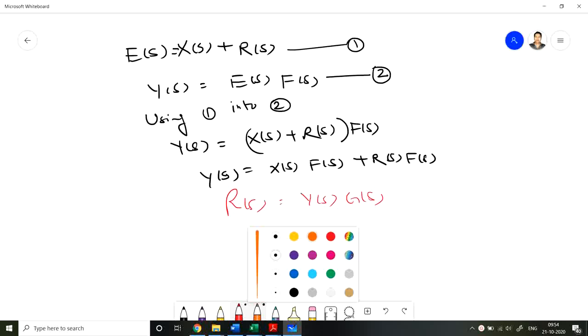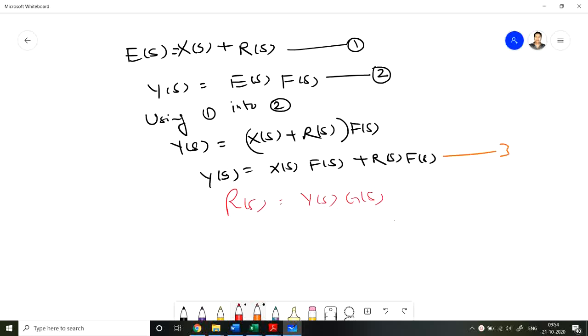So we can use that value. This is equation number 3 and this is equation number 4.